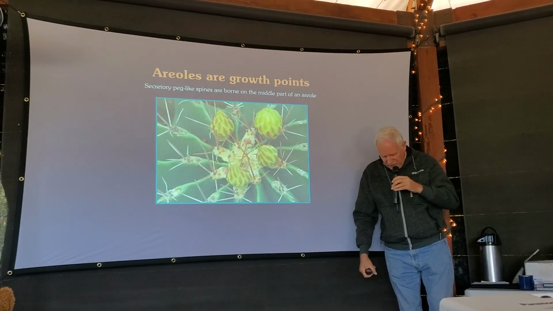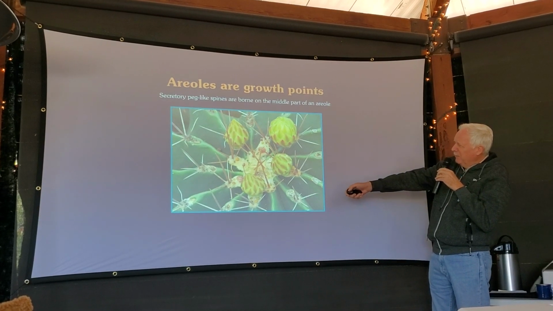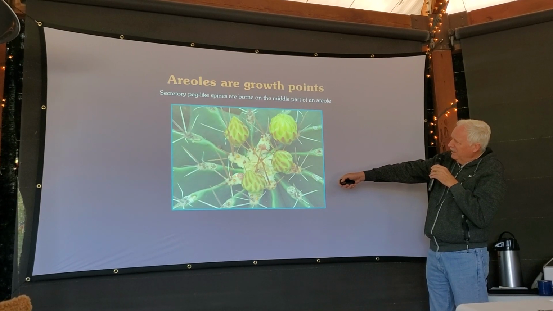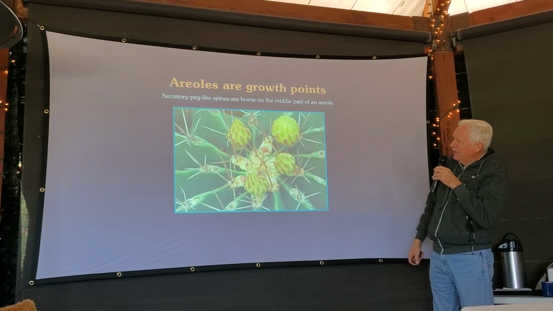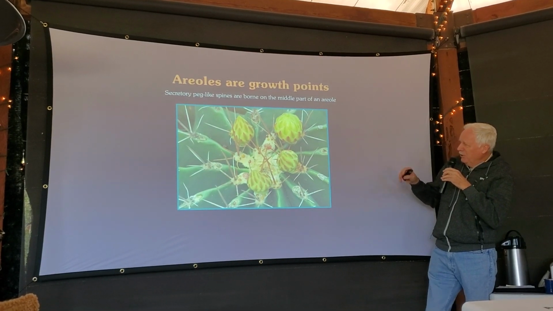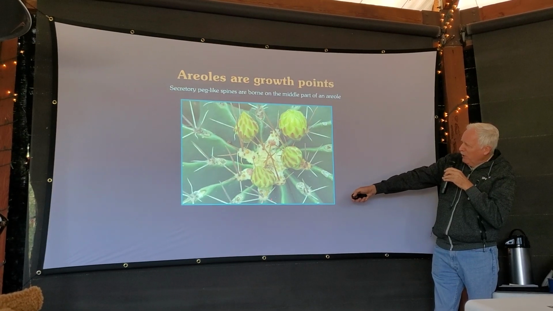So Sphaerocactus and some other cacti, they have a third organ in the areole, and those are the secretory little spines, which are not spiny but just little knobs in the central part of the areole.